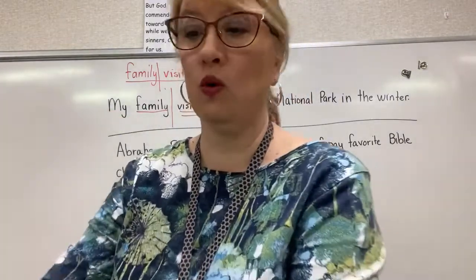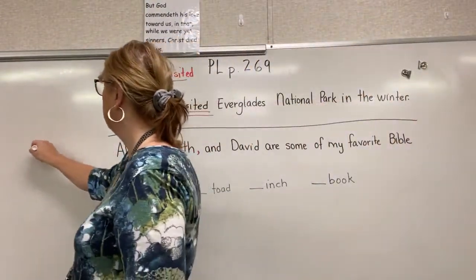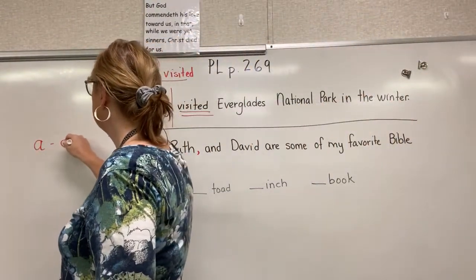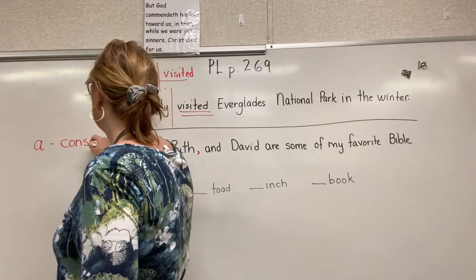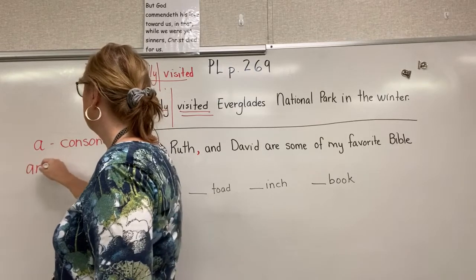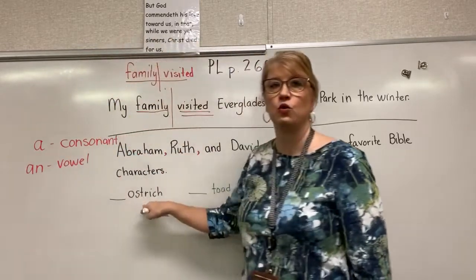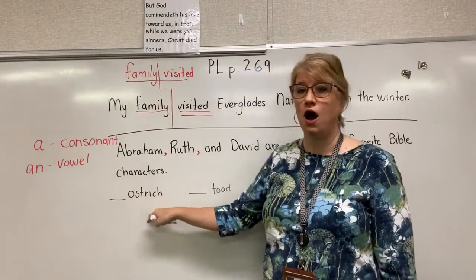Let's look on the board. So, for A, it's consonant, and it's vowel. Let's look at the first word, ostrich.